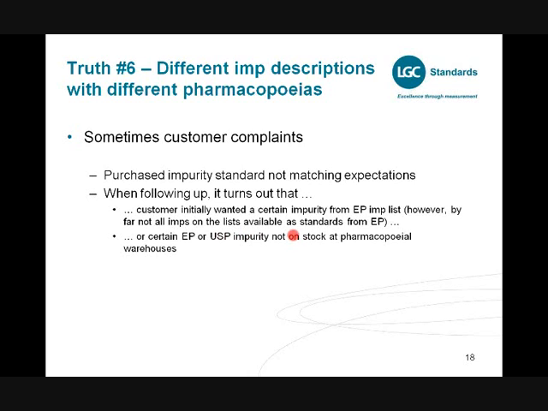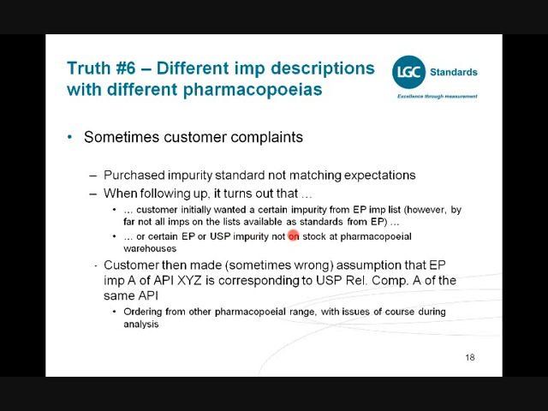And what the customer then decides for himself is that he assumes, and sometimes that is a wrong assumption, that the impurity description of EP and of USP is matching each other. It can be the case, but it is also very often possible, and you should always look it up, that the descriptions are not matching each other, and this would be a wrong assumption.